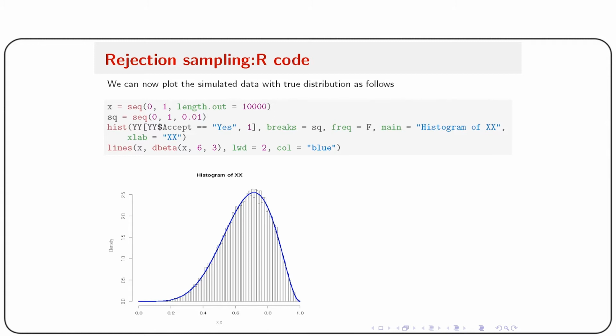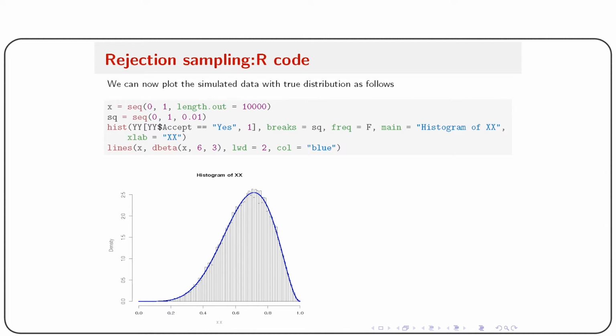And then sq, another sequence, I took from 0 to 1 by increments of 0.01. Then I draw the histogram of yy, with yy$accept equals yes, comma 1, and breaks equals sq, freq equals FALSE, main is histogram of xx and xlab is xx. That will give the histogram.